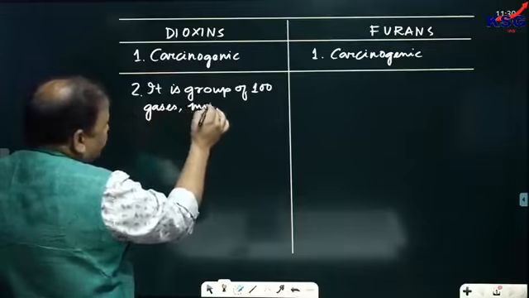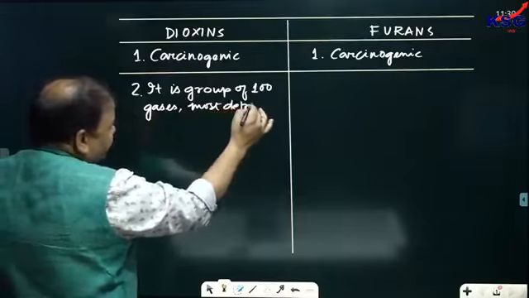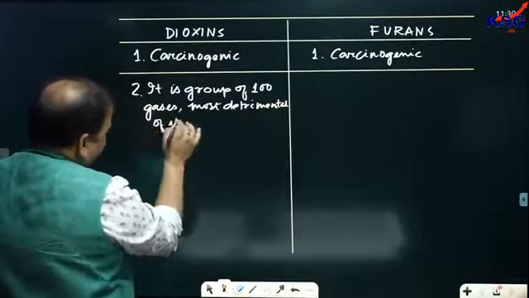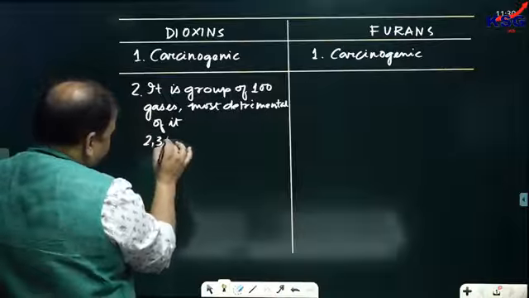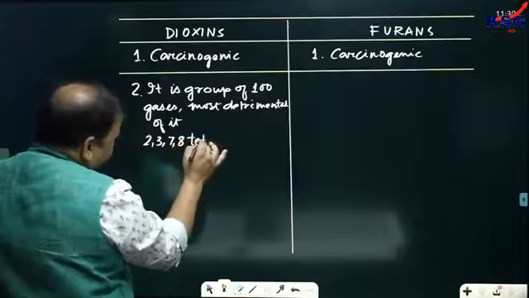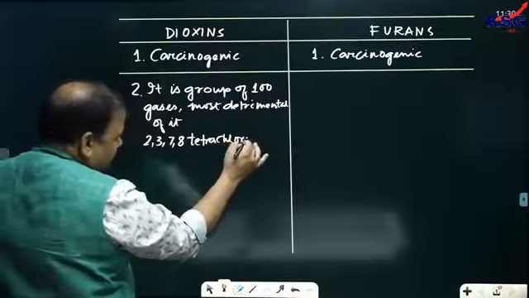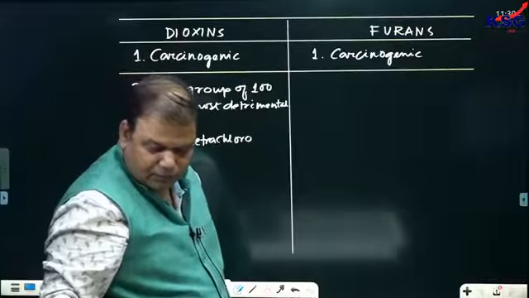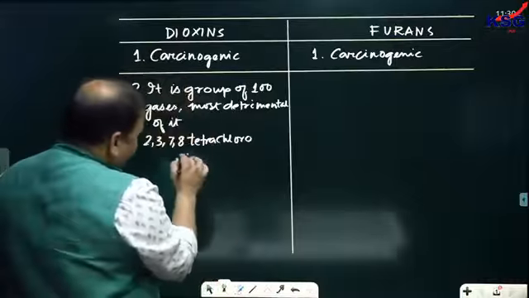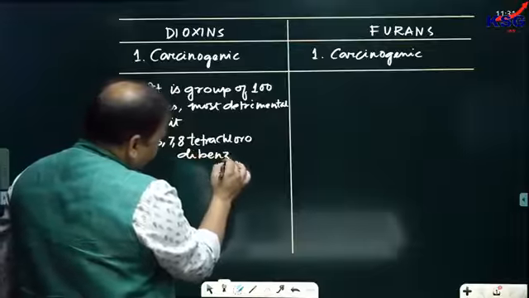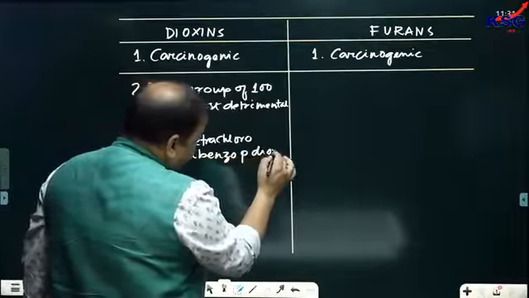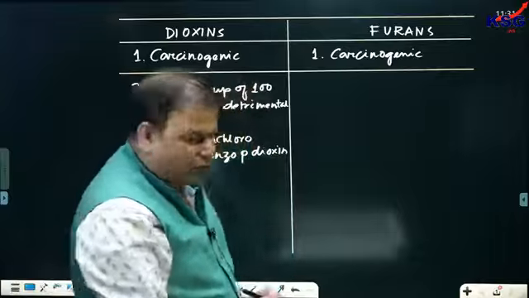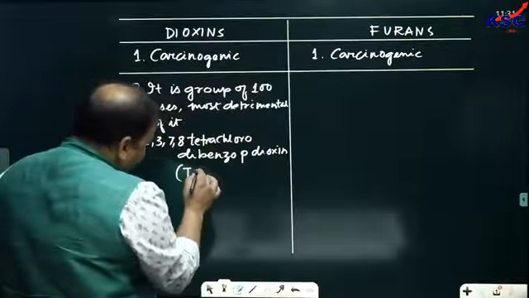And the most detrimental of it is 2,3,7,8 tetrachloro dibenzo p-dioxin. In short, we can say that this is TCDD.